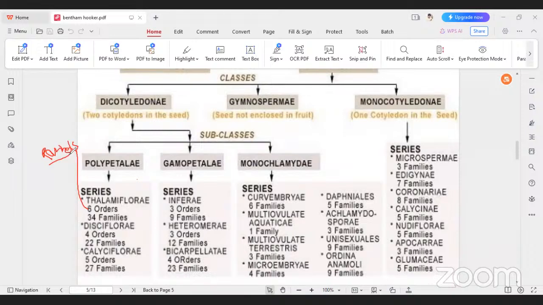It is divided into 9 families: Sarraceniaceae, Papaveraceae, Cruciferae, Capparidaceae, Resedaceae, Cistineae, Violaceae, Canellaceae, Bixineae. These are the different families.